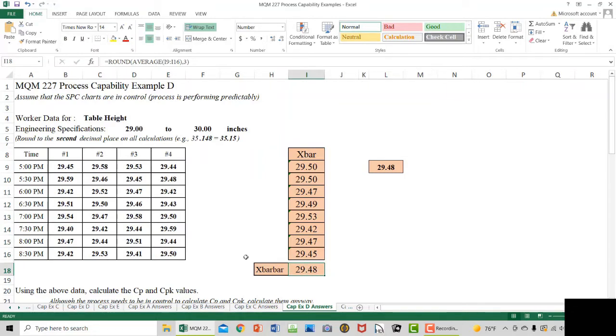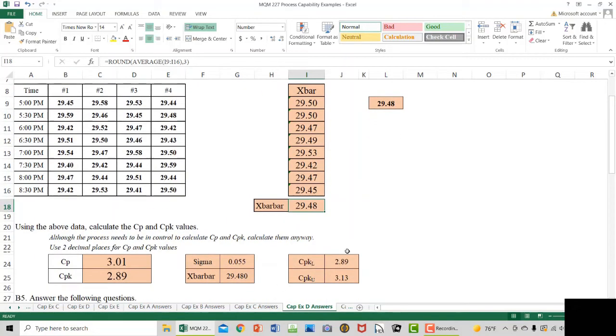It's called an unbiased estimator. So if you're doing this manually, you do not necessarily have to calculate each one individually. You could just say equals average of all these and it would come out to be that same number. But when we're doing the SPC charts anyway, you've already got the information. Why do it twice? Unless you want to double check yourself.